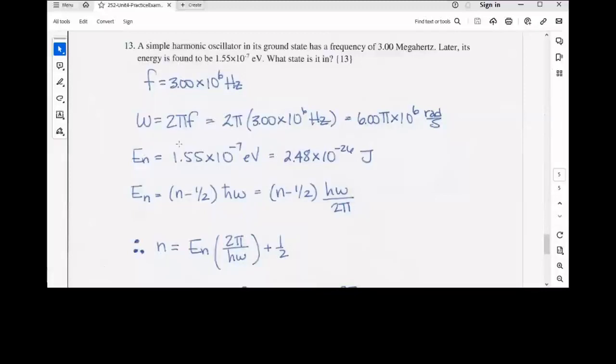And since the period is equal to the reciprocal of f, the frequency, omega is going to be 2 times pi times f. I can write that as 6.00 pi times 10 to the 6, and the units would be radian per second. The energy of our oscillator in its ground state is given in eV and joules here.